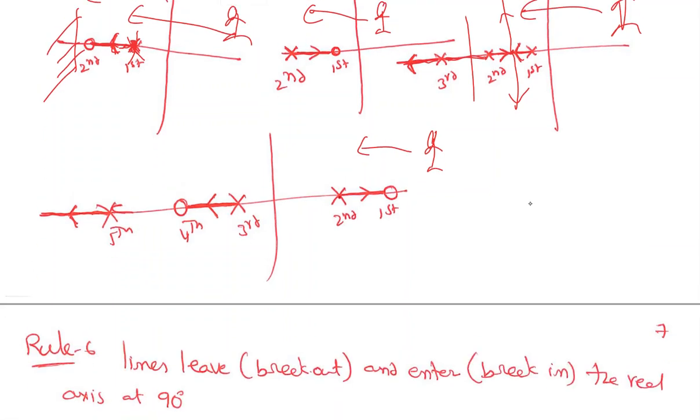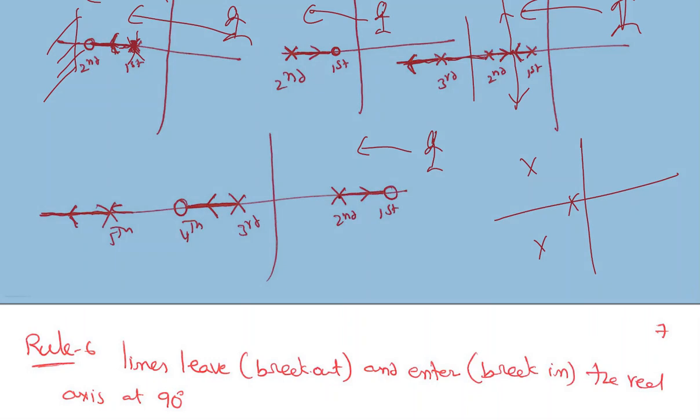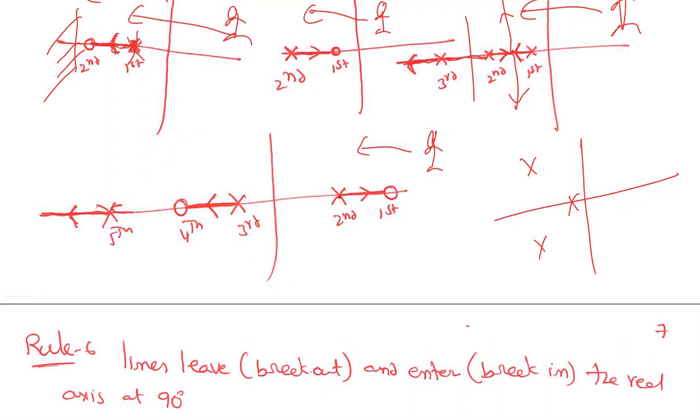Another example, say you have something like this: a pole there, a pole there, a pole there. The locus is going to start at the pole. Start walking from here, and yes, there will be locus, and since that's a pole, it's going to start in that direction.